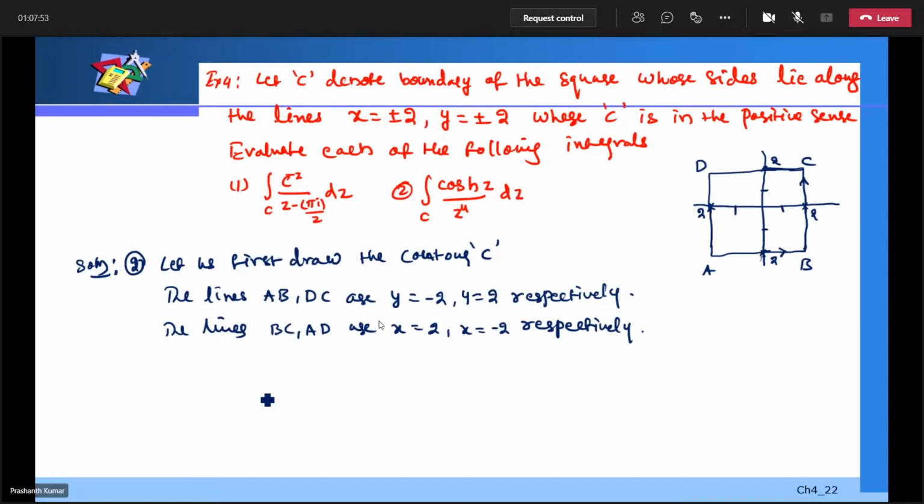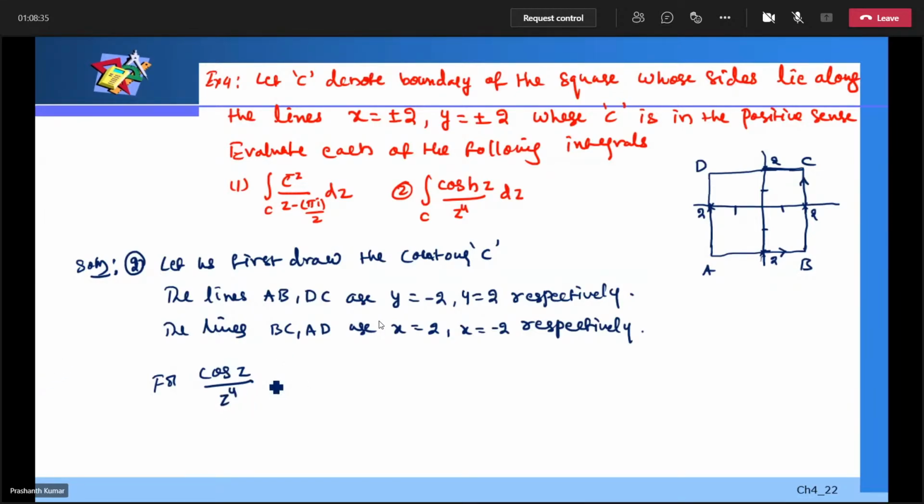So the second question is what? We want to show that the integral over C of cos hz by z power 4 dz is how much, the value. So here cos hz by z power 4 is given.